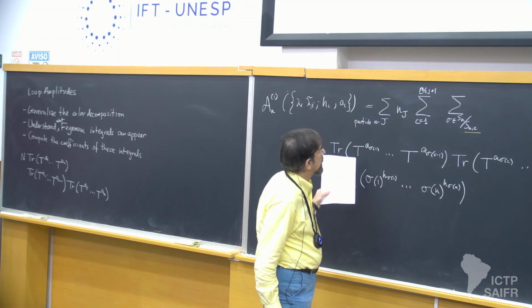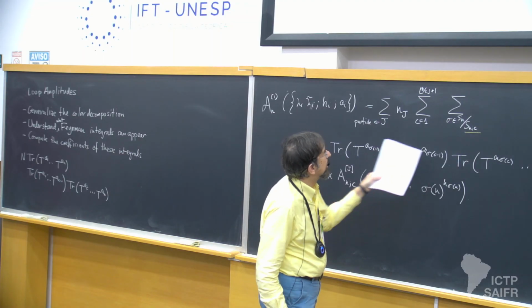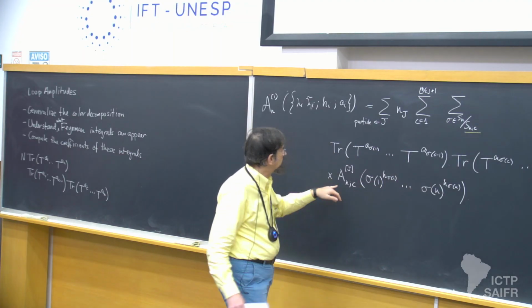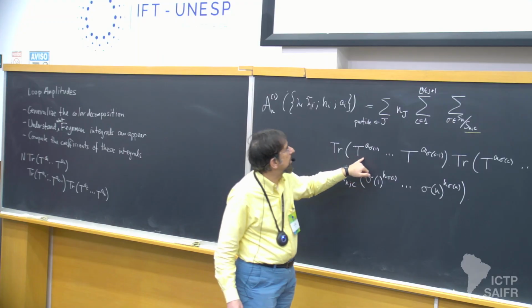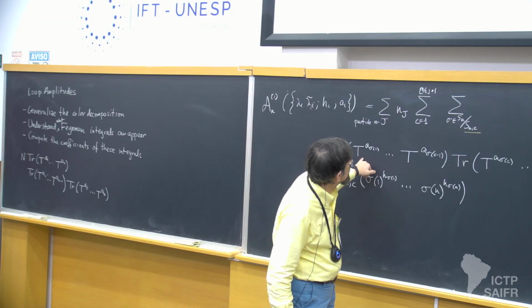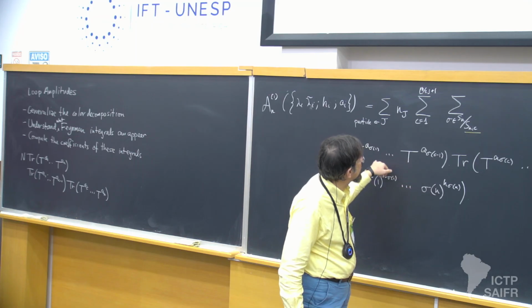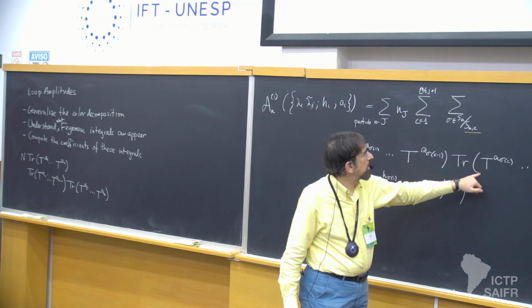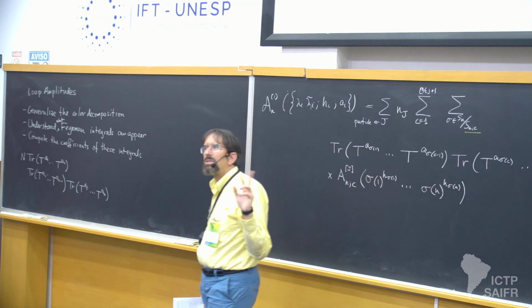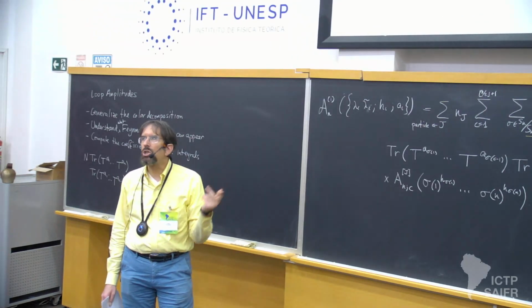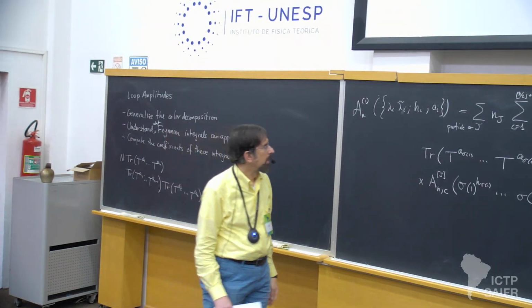And finally, if the two traces happen to be equal length, so let's imagine that we're looking at the 6-point amplitude and we're looking at C equals 3, the 3 trace and the 3 trace, the S_n over C will also include a term that exchanges the two traces.